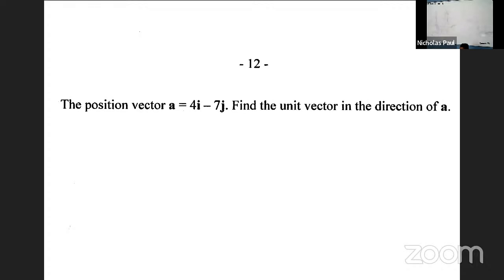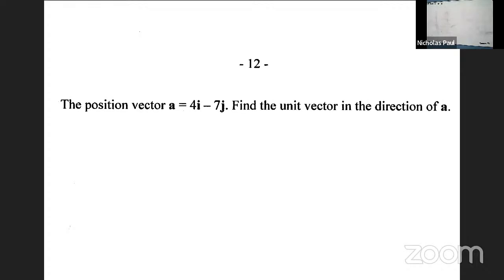Right, quickly find a unit vector. What's the formula for the unit vector? I just find the unit vector. The vector over, what is that called?